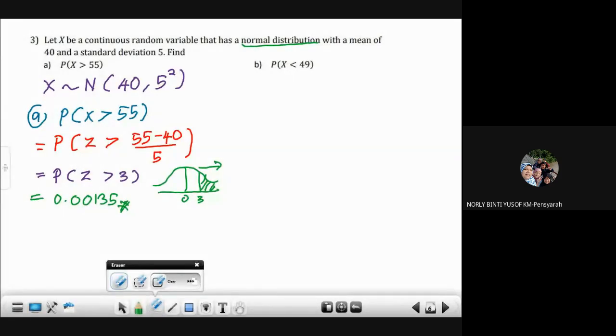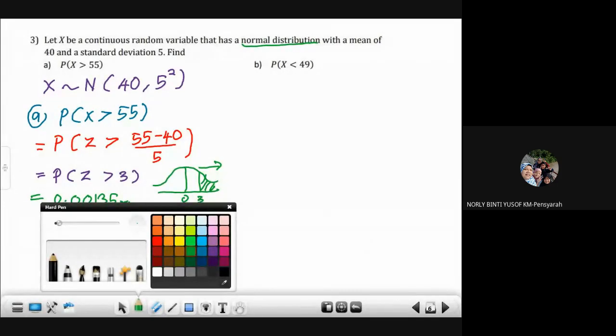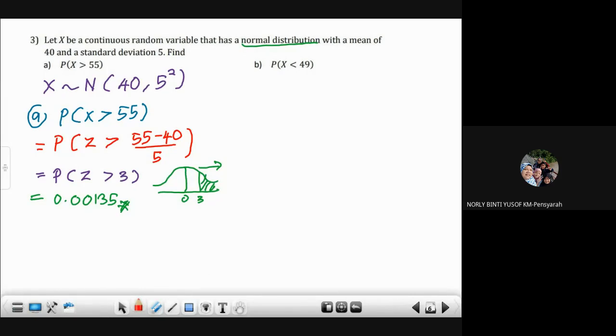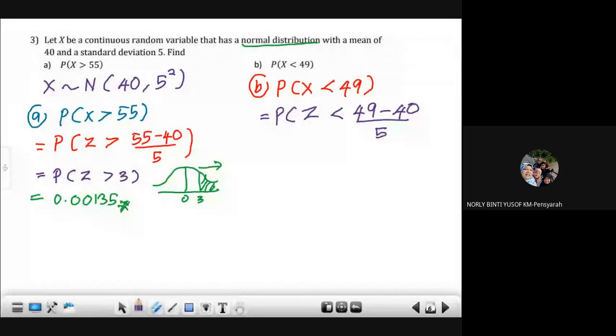Okay. Sama juga untuk soalan B. B dia nak lesser than 49 for the discrete probability lah. So dia nak cari probability for discrete 49, you need to standardize the score Z. So standardize akan dapat probability Z, tukar pada Z, 49 minus 40 over 5.